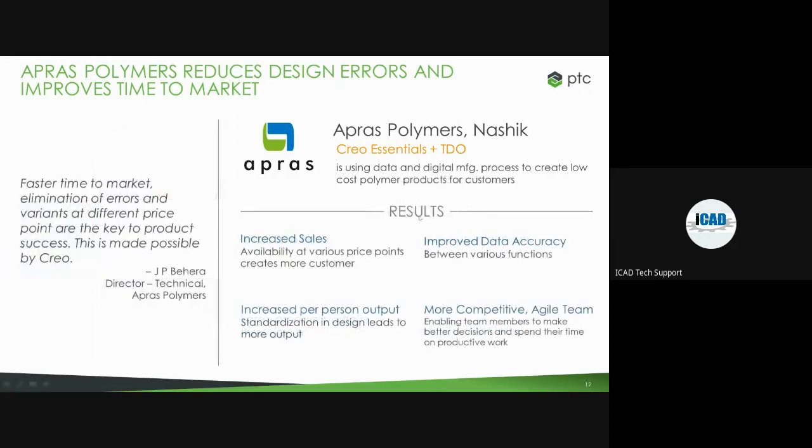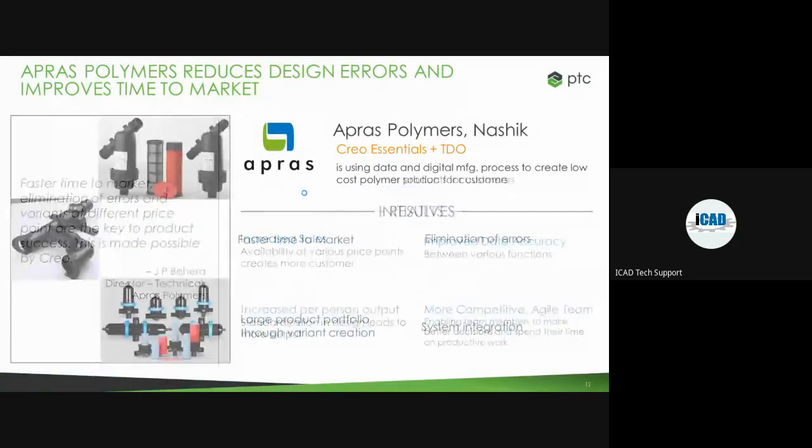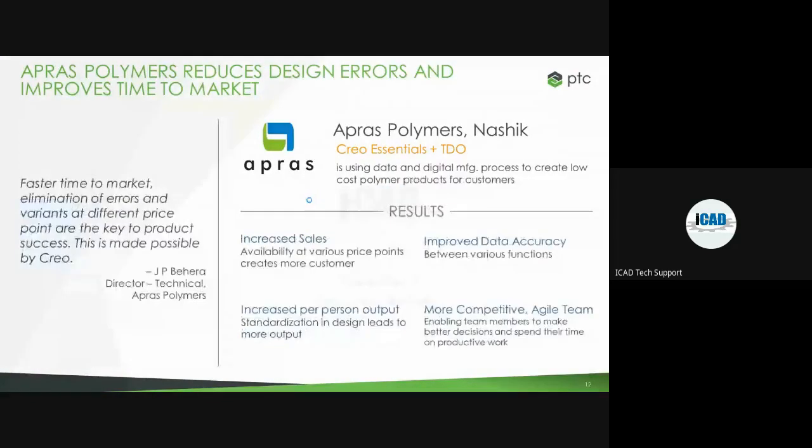After that they got results like increased sales, improved data accuracy, increased per person output, standardization in design leads, and more output by using this design software. So these are some customer references we have about Creo software.